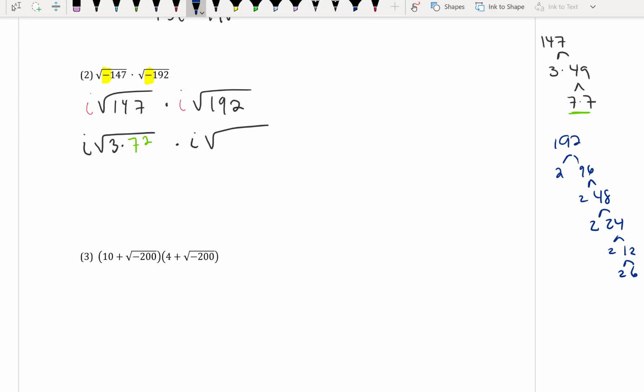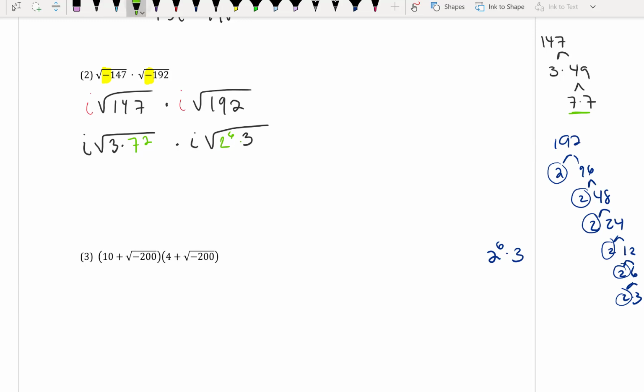So that's 2 times 6, which is 2 times 3. So I have 2 to the 1, 2, 3, 4, 5, 6 power times 3. So I know that I'm going to rewrite this as 2 to the 6th power. That's going to get multiplied by my 3.